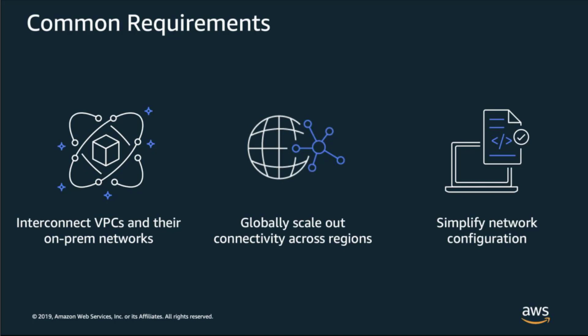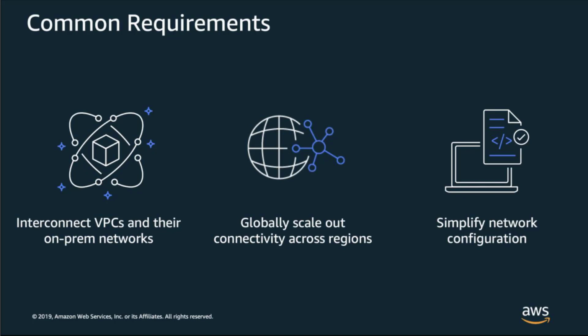We see very common design patterns there, and customers certainly want to do more and more of that as they grow and scale their business and infrastructure on the cloud. They also want to globally scale out connectivity across regions. So we've been making it increasingly easier to build out your global infrastructure and leverage multiple regions and interconnect them together.